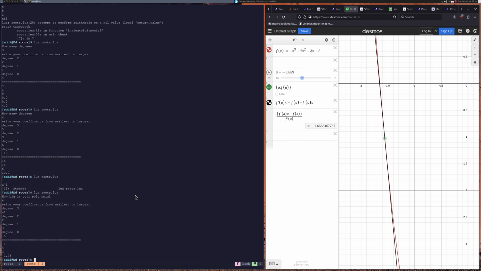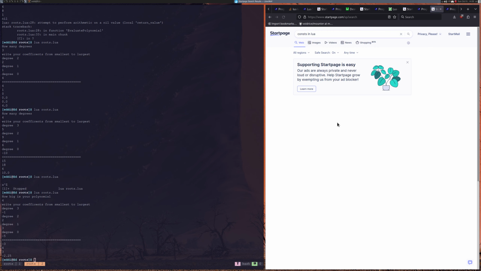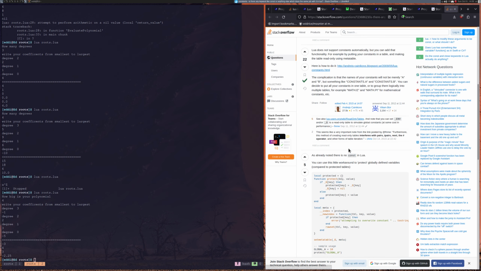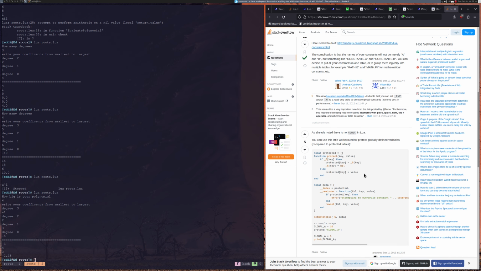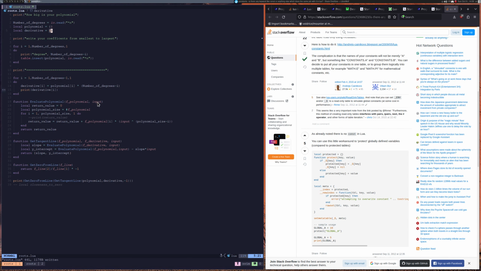So, we got some const in Lua. There is no constant in Lua, but you can use a local to protect. Alright, whatever.